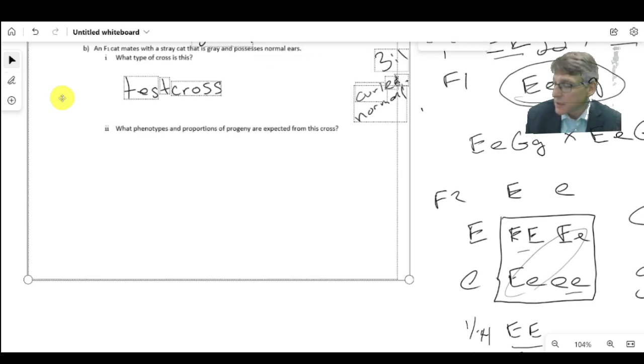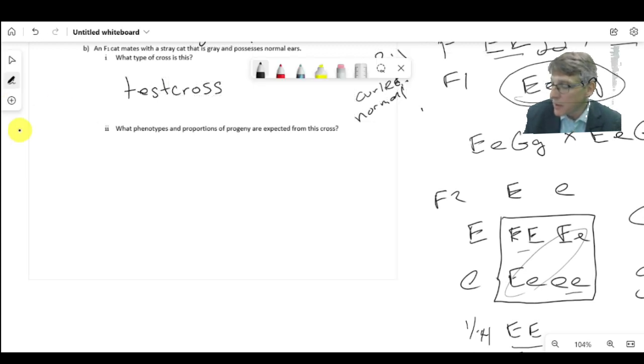And so what we can see when we do this is that we have an F1 cat. The F1 is, remember, heterozygous for both, crossed with a homozygous recessive cat for both traits. And so we can do two Punnett squares for this to see what our ratios for each gene are.